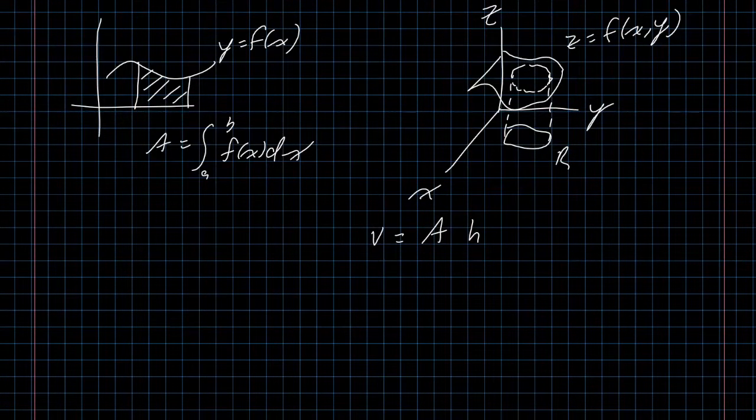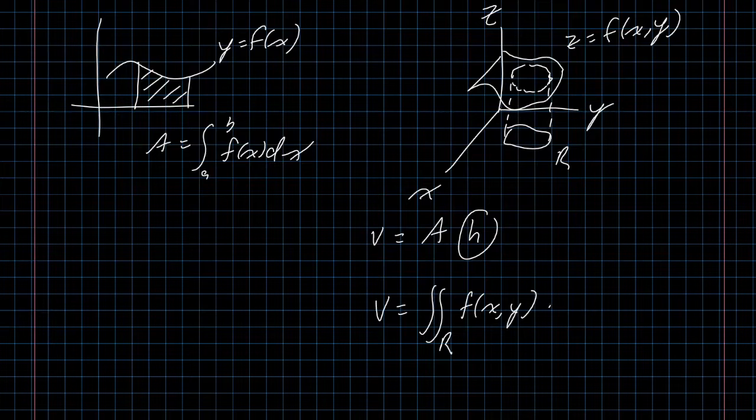And because the height changes in every single spot of this area, instead of just getting this in one step, we have to get it as a whole bunch of stuff added together. So we set it up as the double integral over our region in the xy plane of our height, f of x and y, times that little bit of area dA.